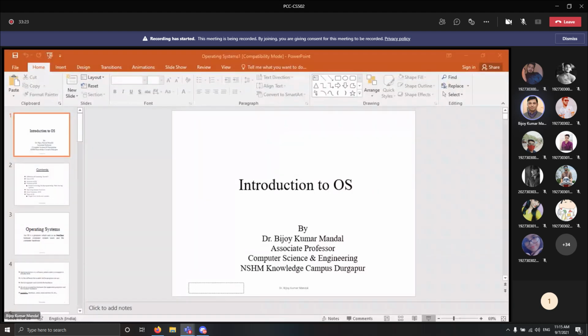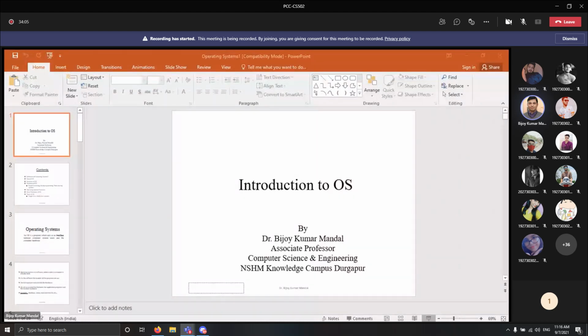What is the goal of the operating system? As I discussed, the operating system controls all resources, meaning which resources are idle, which resource will be provided to which process, how much resource is required by the process, when the process will release the resources, and then how another process can collect the resources released by the earlier process. All that information is kept and controlled by the OS.